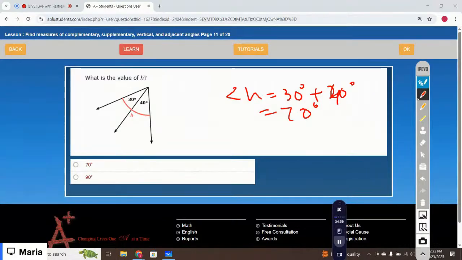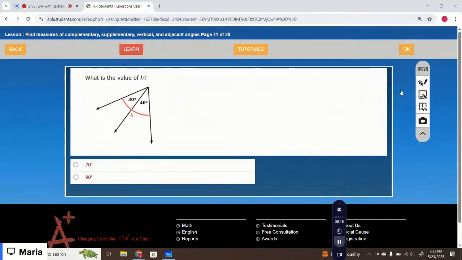So angle H is 70 degrees. Option number one is the correct option, that is 70 degrees.